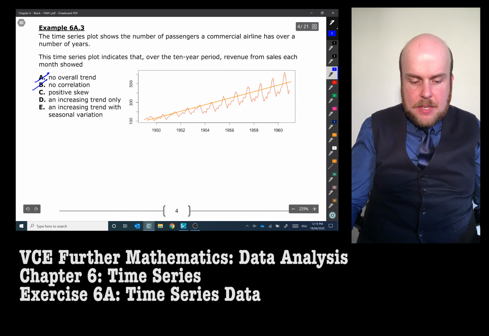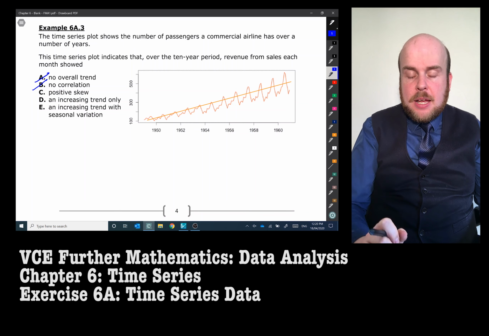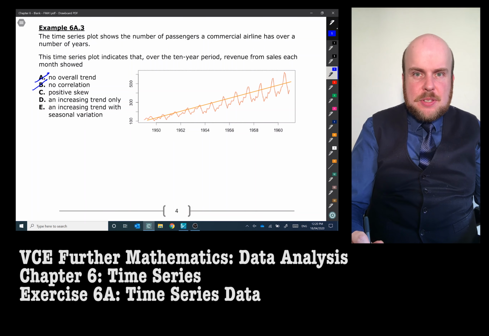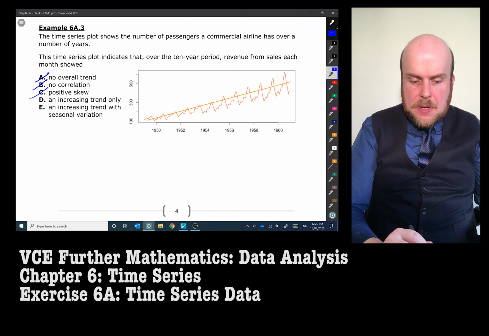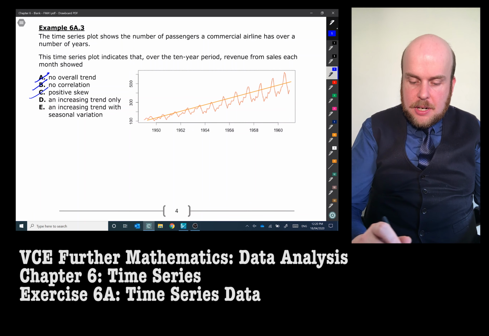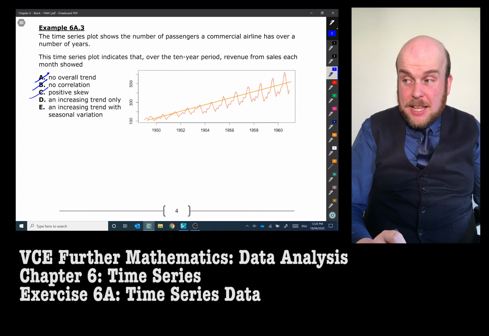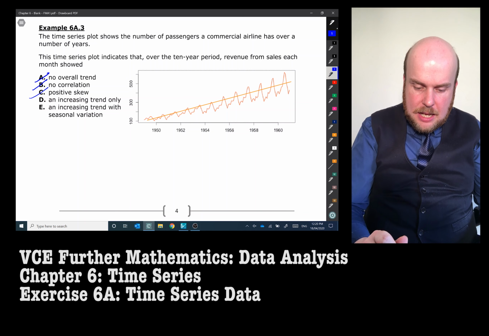Skew is only really referred to in histograms and box plots. Since this is neither a histogram nor a box plot, let's say no. So we definitely refer to increasing trend only and an increasing trend with seasonal variation. Seasonal variation would imply that there's going up and down within a year.